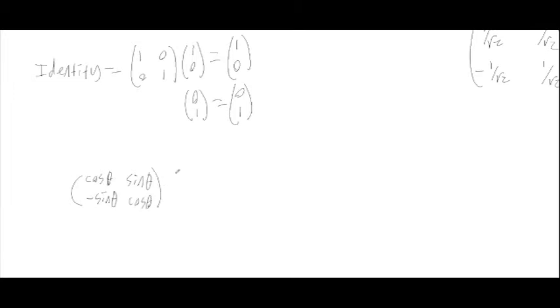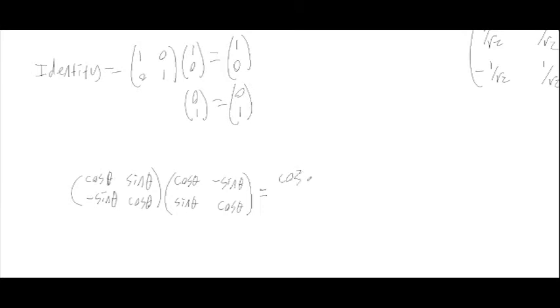And then we will just multiply this by the matrix that would move it back to where it originally was. And that would be cosine of theta, negative sine of theta, sine of theta, and cosine of theta. And for this, if you multiply it out, I'm not going to go through the whole process. I'll just write down what I've already done here.